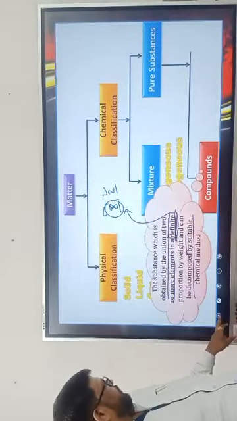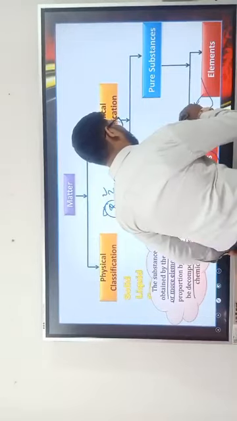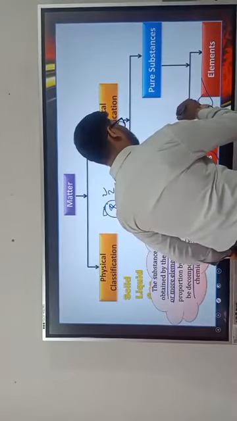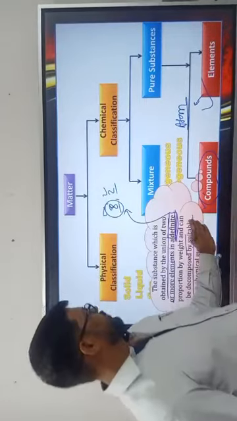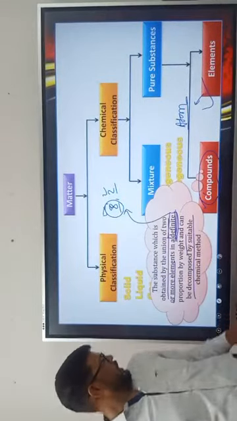Then another class is an element. The basic difference between an element and a compound is that the fundamental unit of a compound is a molecule, and the fundamental unit of an element is an atom. So it is very easy to distinguish a compound from an element.